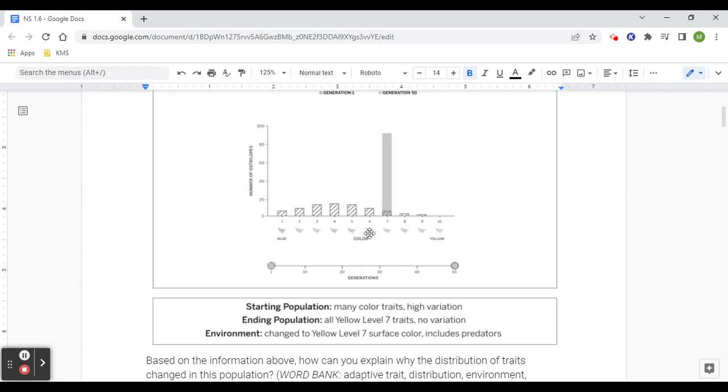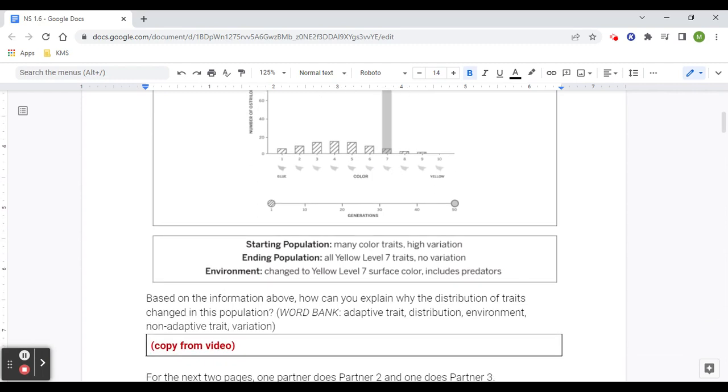They were not able to camouflage with their environment. So these 1 through 6 and 8 and 9 were easily able to be found by the predators, eaten, and then because they were eaten, they were not able to reproduce and pass on their traits to their offspring, where number 7 could. They could camouflage, so they could pass their traits on to their offspring.